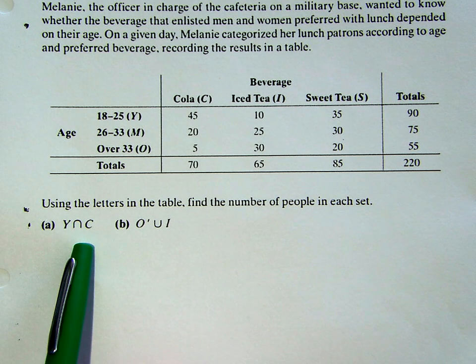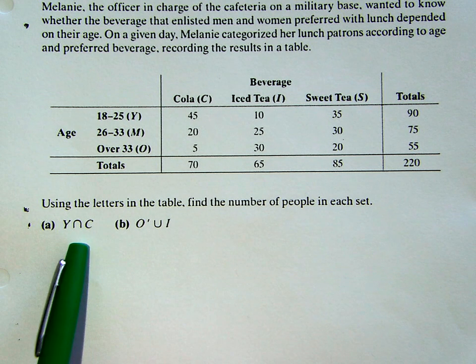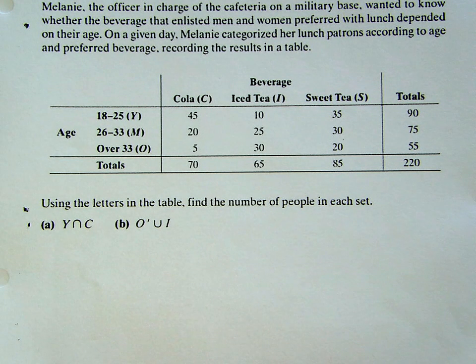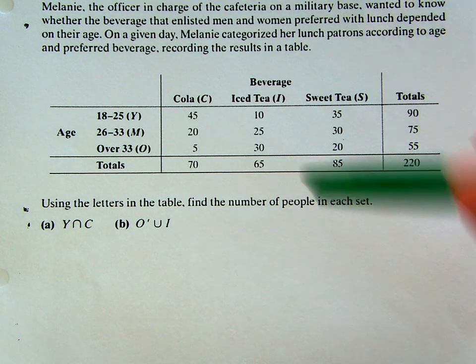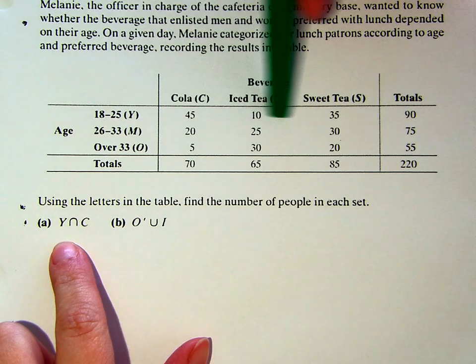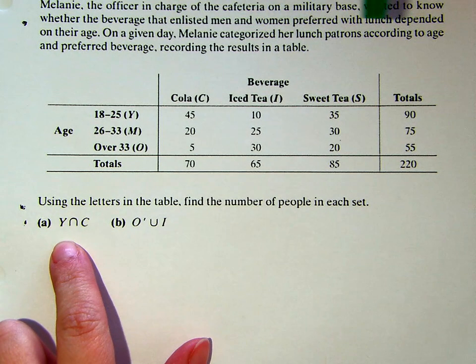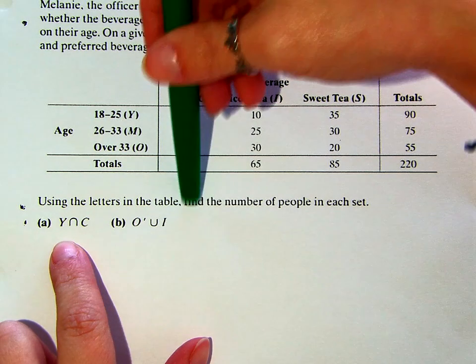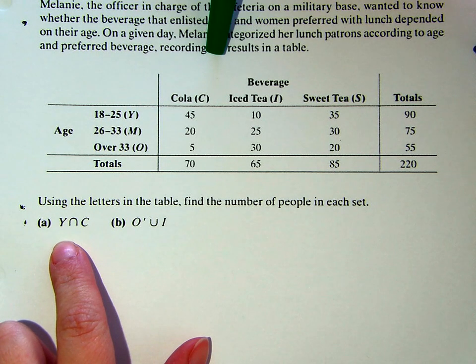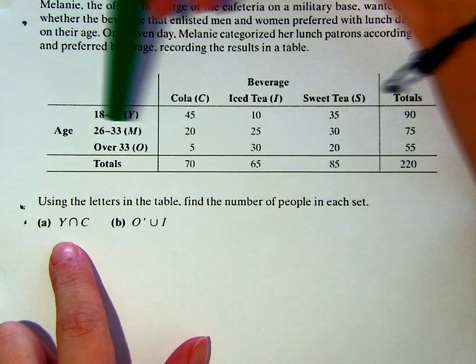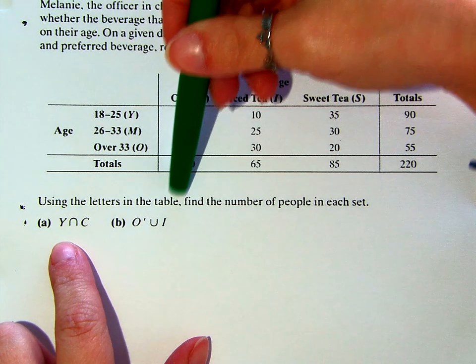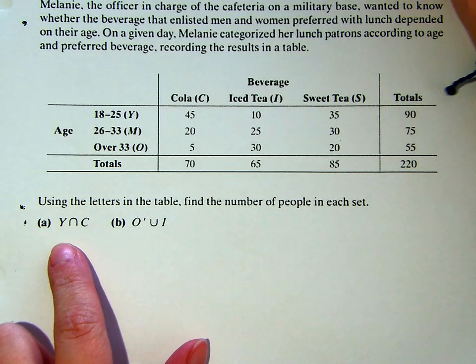So the easiest thing to do with a table is you look at it like, okay, I'm going to take the youth row and intersect it with the cola column. It's almost like looking at an intersection in a street. What falls in the intersection of those 2 things? What number? 45. That's all you do.